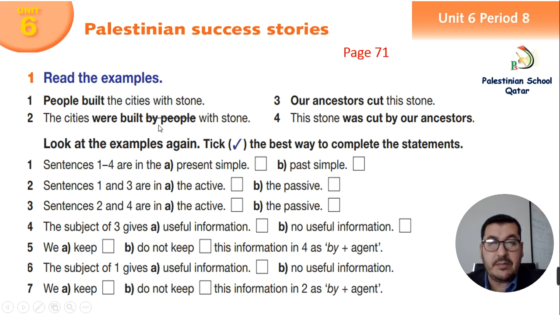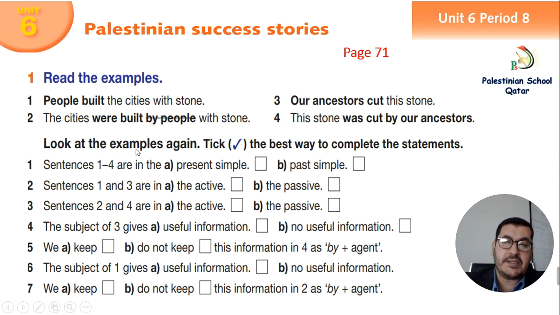Also we can say by agent if we have it, although we cross it. Number 3, our ancestors cut this stone. This sentence is active. How do you know? We don't have be and verb 3. And number 4, this stone was cut by our ancestors. Here we have be and we have verb 3 after it.